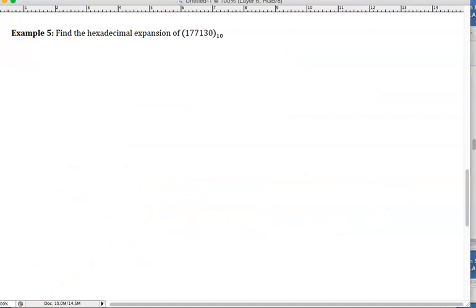Okay, so this example says that I want to change this base 10 number, 177130, into the hexadecimal expansion. So now we're going to do repeated division by 16. We want to write the number as the base, whatever I'm dividing by, times the quotient plus the remainder.